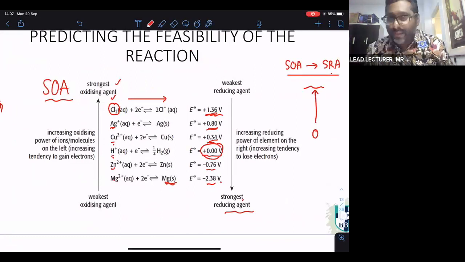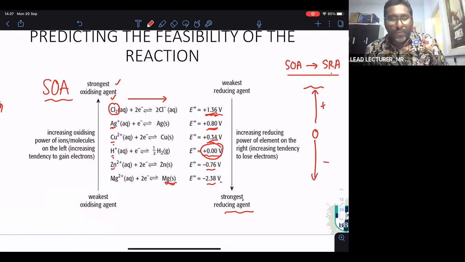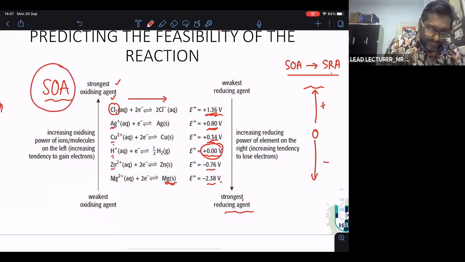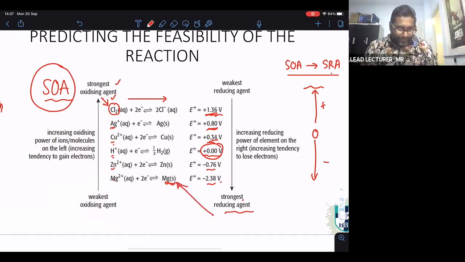You rearrange: more positive over here, more negative over here. So the one on the equation, if you look at the standard reduction equation, the one on the left is going to be your SOA. And the one that is going to be on the right is going to be your SRA, this one.